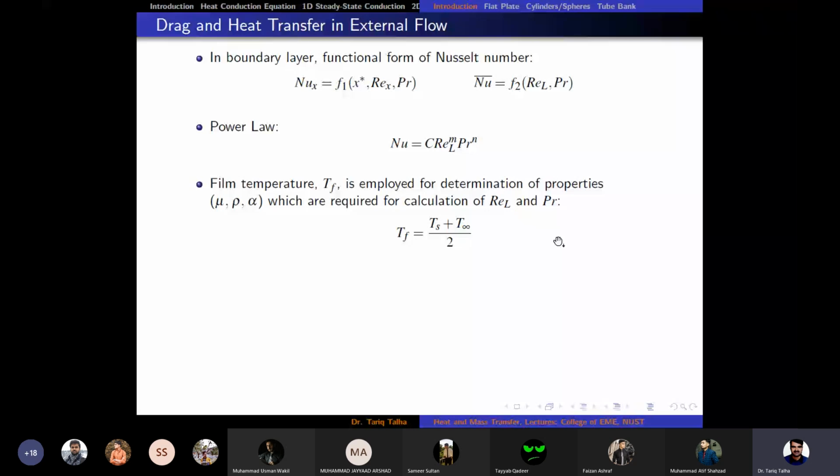Once we get the film temperature, we can calculate mu, rho, and alpha from the tables, and then we can calculate Reynolds number and Prandtl number using those values. So I hope the concept of film temperature is clear to you.